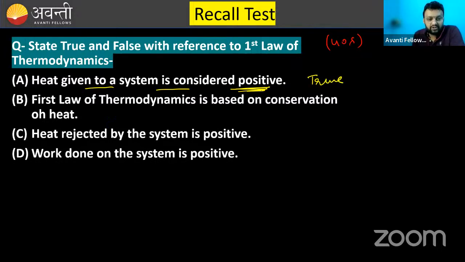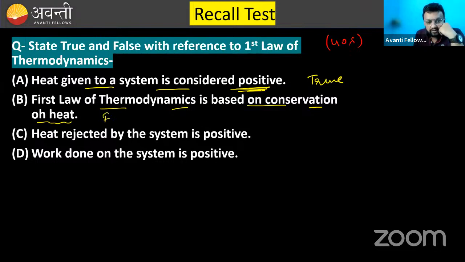The next statement is: the first law of thermodynamics is based on conservation of heat. Heat is a form of energy, and conservation of energy is the actual conservation law. No conservation law is mentioned like conservation of heat.